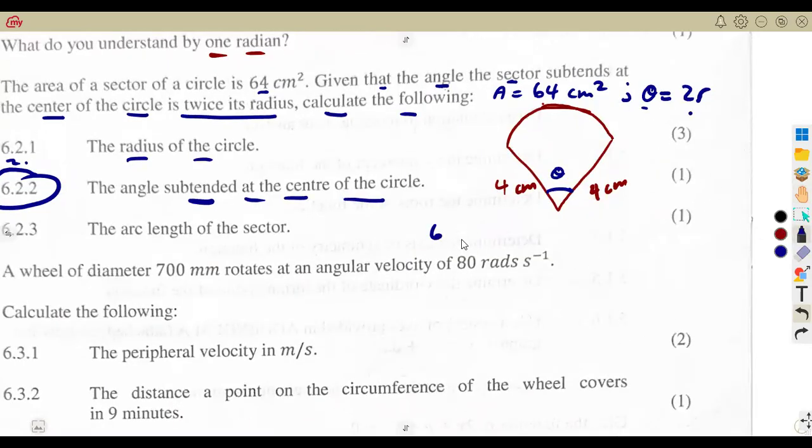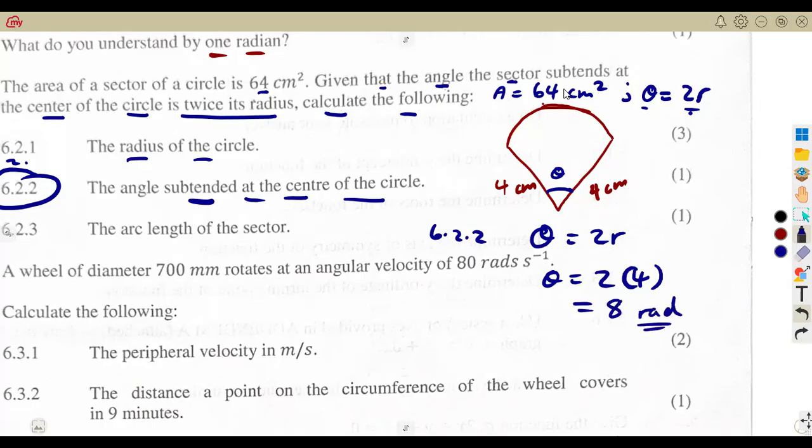Remember the relationship: theta is equal to what? 2r. We are given this relationship. So it's 2 times the radius we calculated. Remember, we got 4. So 2 times 4, it's 8. This is in radians. When this formula is being used, theta will be in radians. So it means 8 rad.